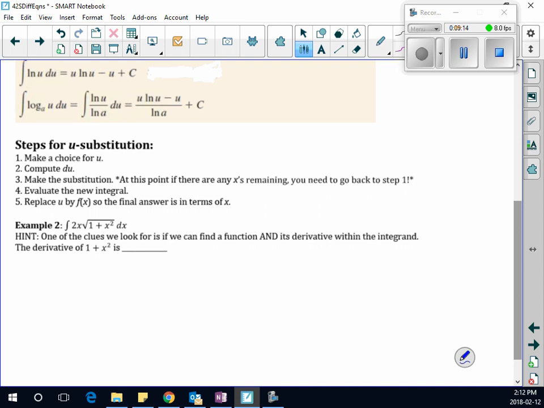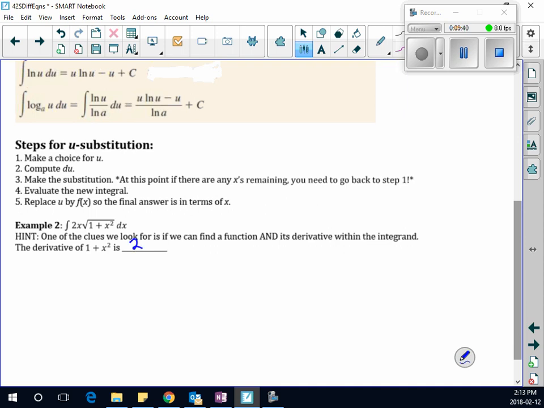Here's an example. Integral of 2x times the square root of 1 plus x squared dx. So one of the clues we look for is if we can find a function and its derivative within the integral. So does everybody see the derivative of 1 plus x squared is 2x?